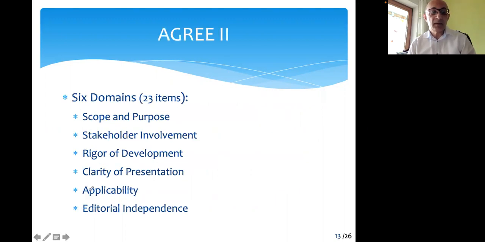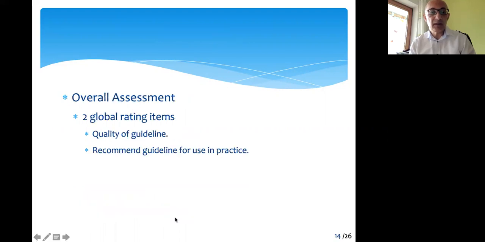The 6 domains are depicted here: scope and purpose, stakeholder involvement, rigor of development, clarity of presentation, applicability, and editorial independence. I will explain a little bit more in a second what they mean.